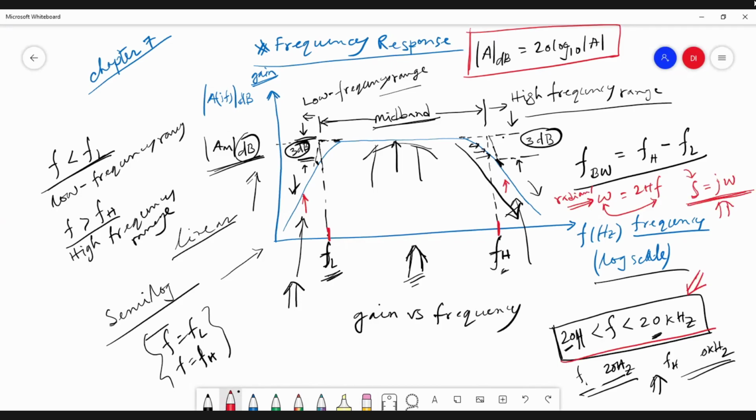FH must be greater than 20 kilohertz, and FL must be designed less than 20 hertz, like this.